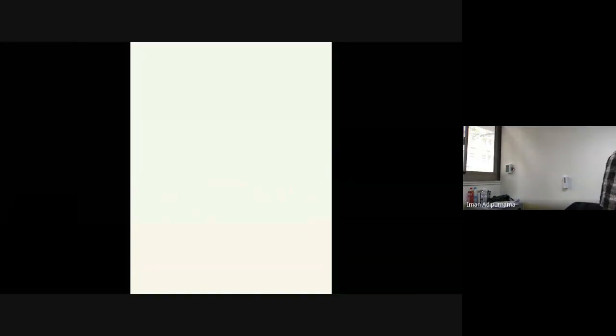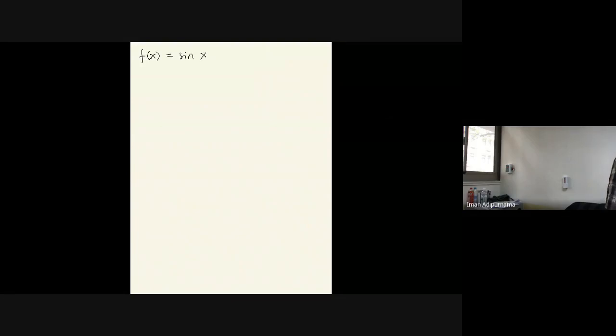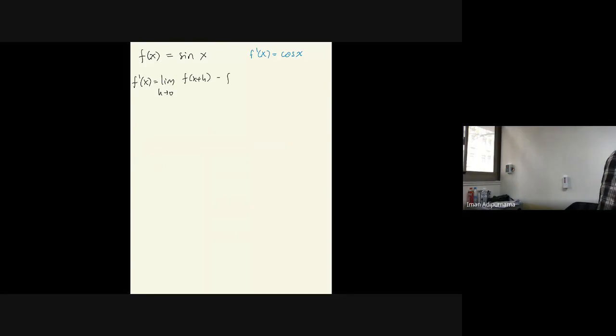Let's move to the basic trigonometry. I want to prove that if you have a function sine x, you know that the first derivative is cos, right? But let's try to use our definition to prove it. Okay, this is our definition.